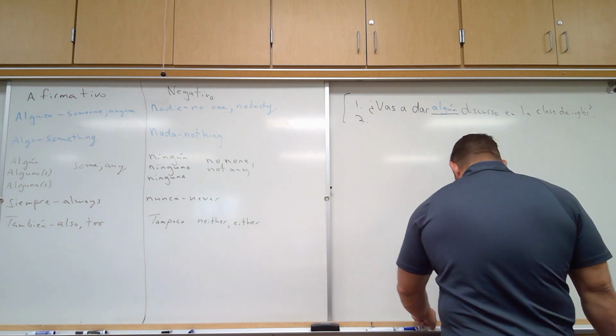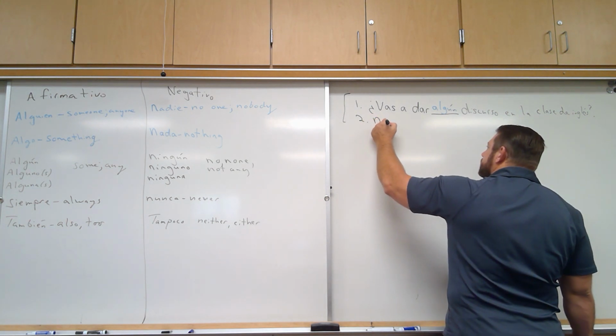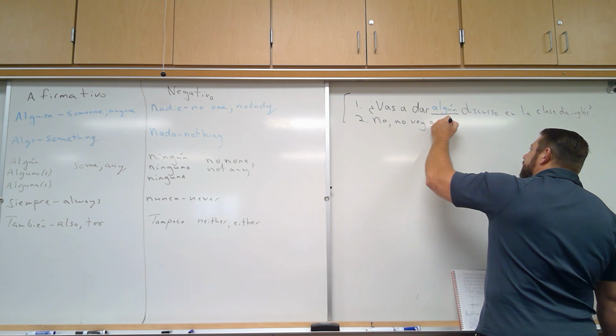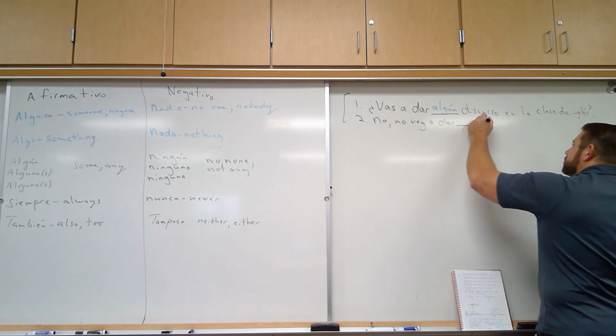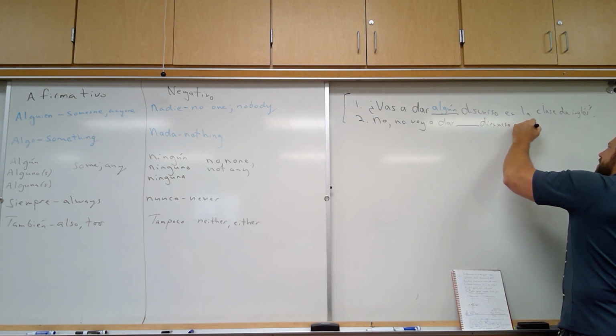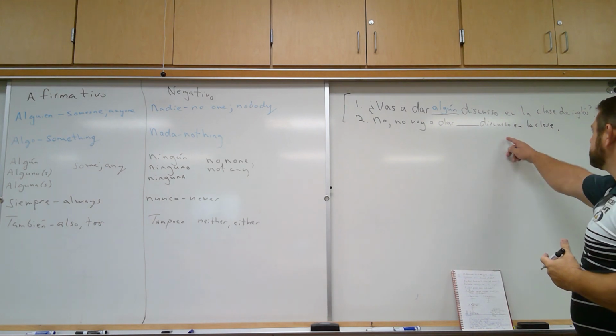And the second part that goes with this would be, no voy a dar discurso en la clase. The answer would be no, I'm not going to give any speech in the class.